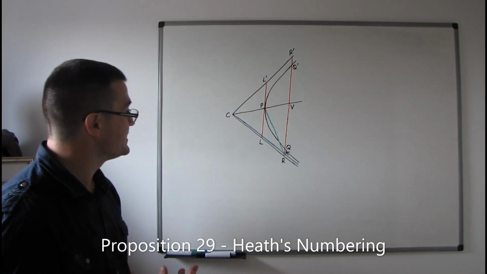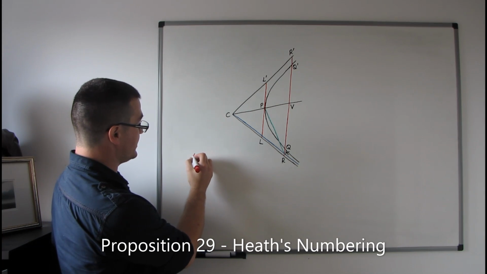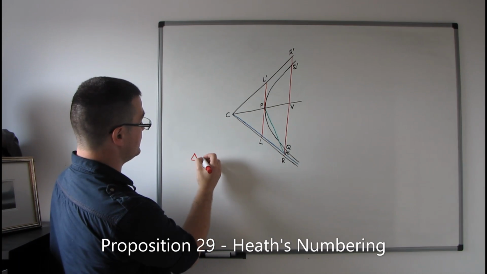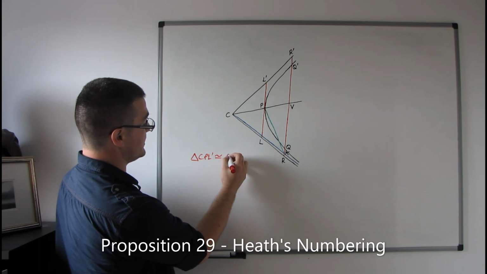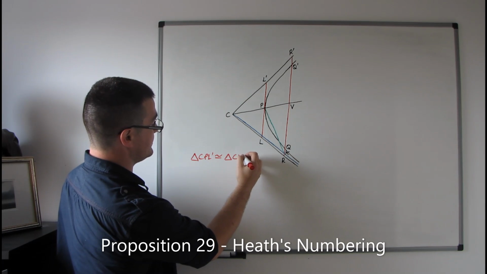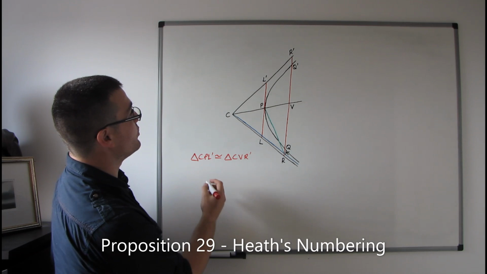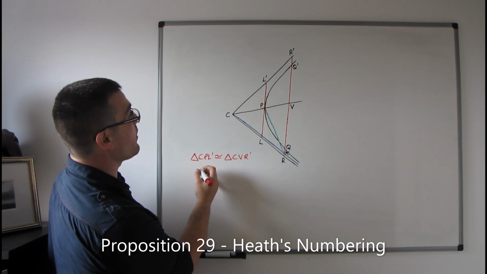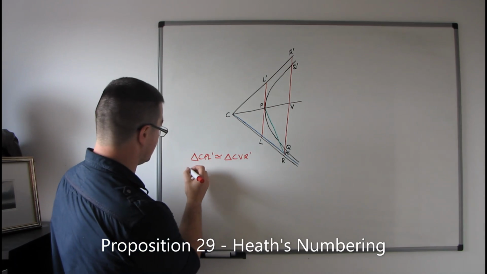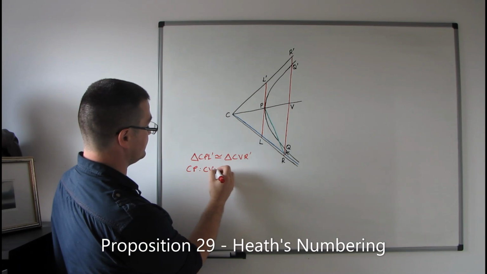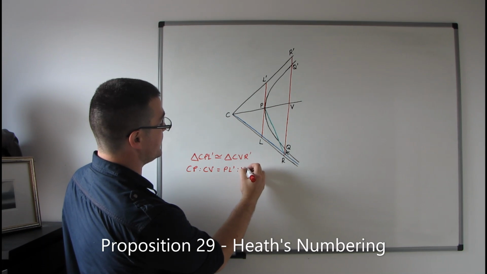Okay, so the start point with the proof of this proposition is as follows. We can recognise that triangle CPL primed is similar to triangle CVR primed. So from this we get that CP to CV is equal to PL primed to VR primed.